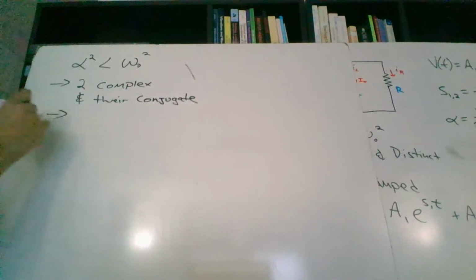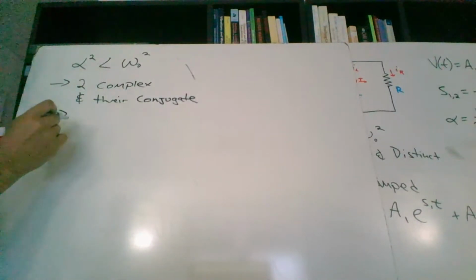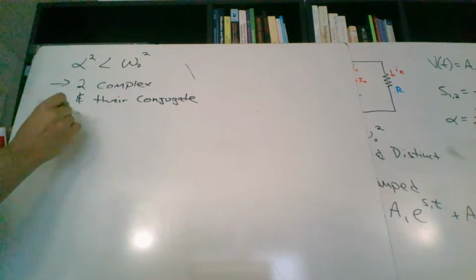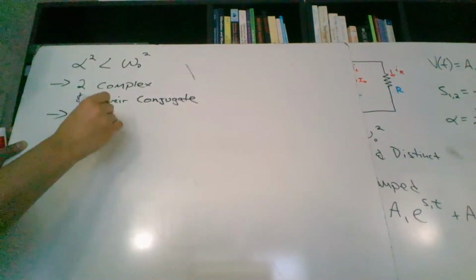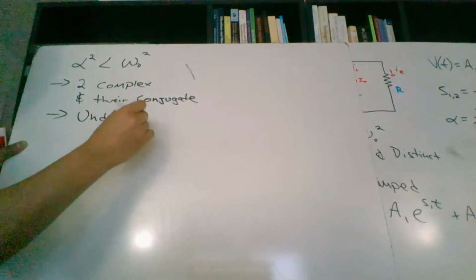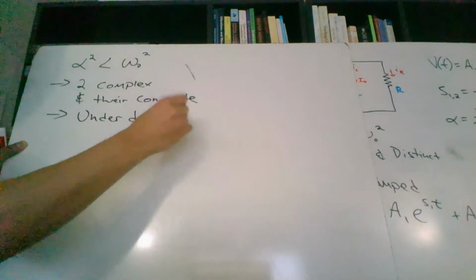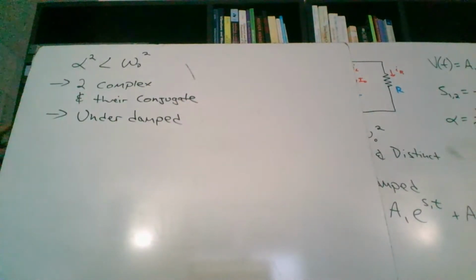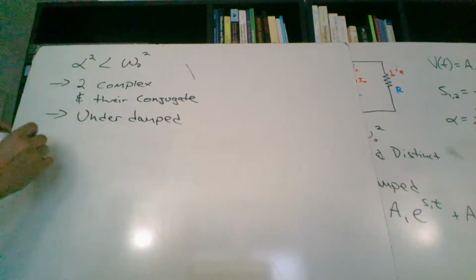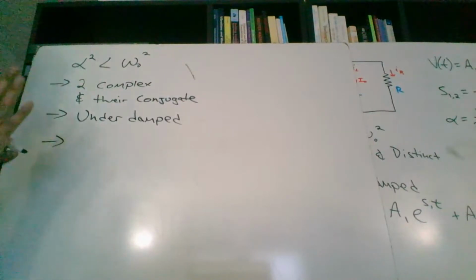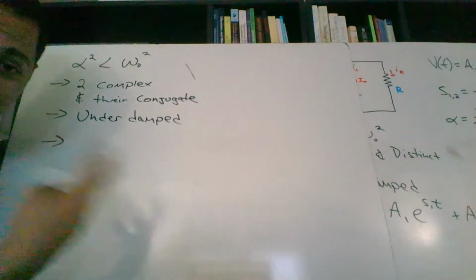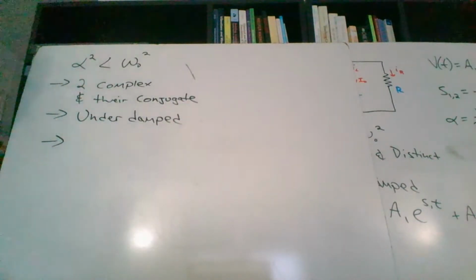Now, when this is the case, it's going to be called underdamped. So in this situation, we have the underdamped. And what is our solution going to look like there? It's a complex number, so we're going to have a complex solution to it.